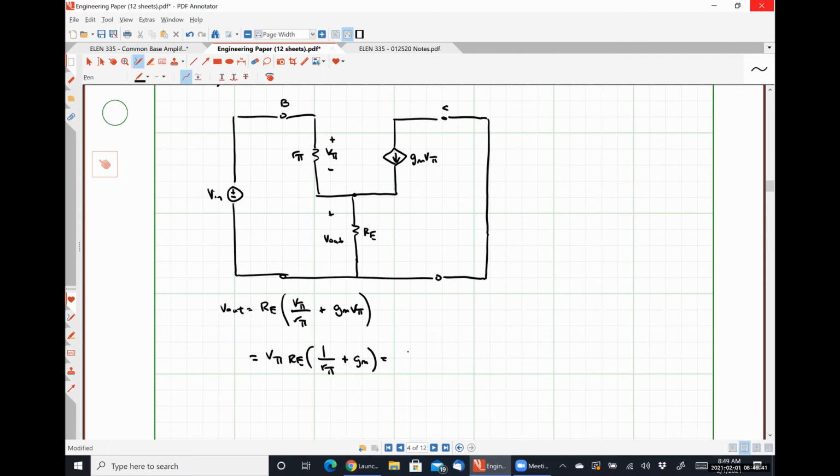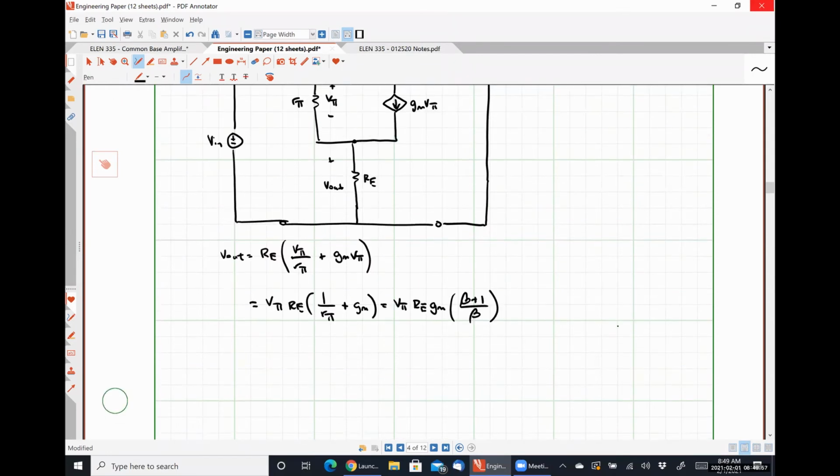Looks like V pi Re gm times beta plus 1 over beta. I can solve then for V pi, and it will simply be V out divided by Re times R pi over beta plus 1.